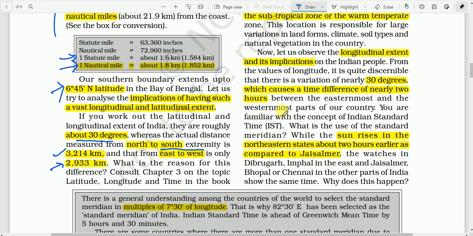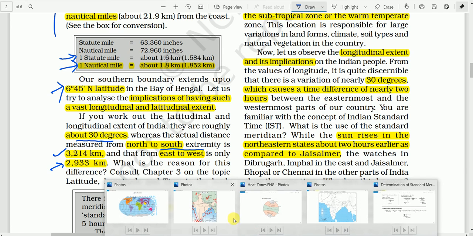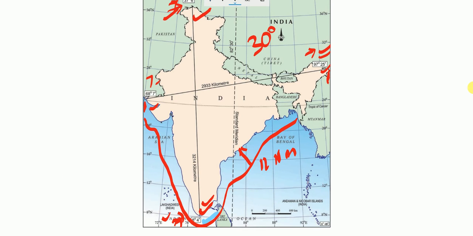That means the east-west extent is lesser than the north-south extent, but the latitudinal and longitudinal difference is roughly equal, 30 degrees in both the cases. Then why is it so? In the map it is already written here: the east-west extent is 2,933 kilometers, and the north to south is 3,214 kilometers. This north-south extent is slightly longer than the east-west extent.